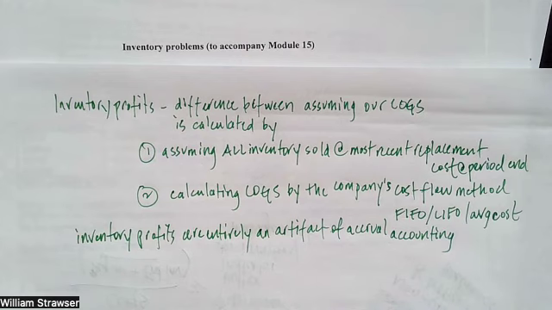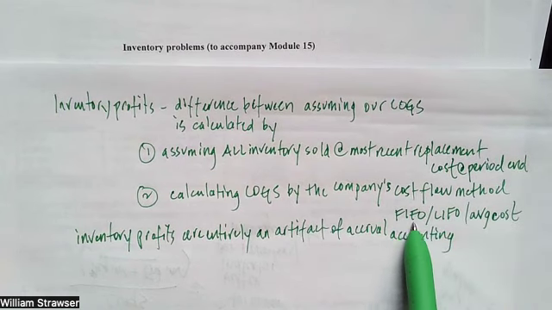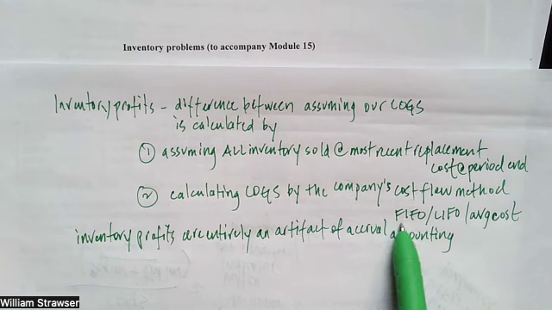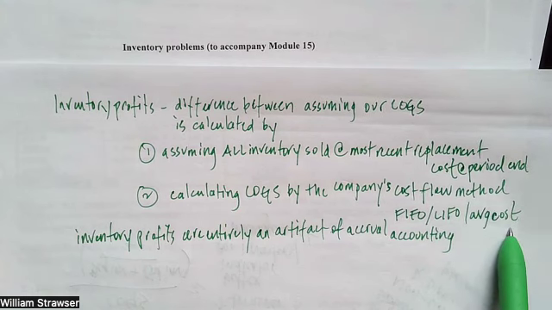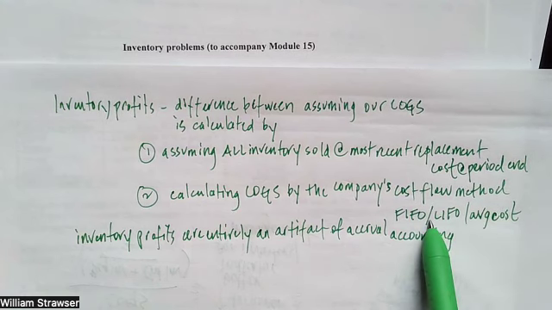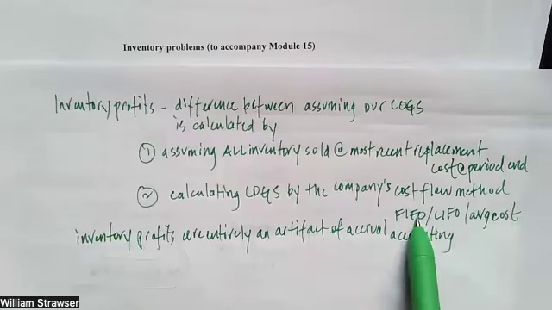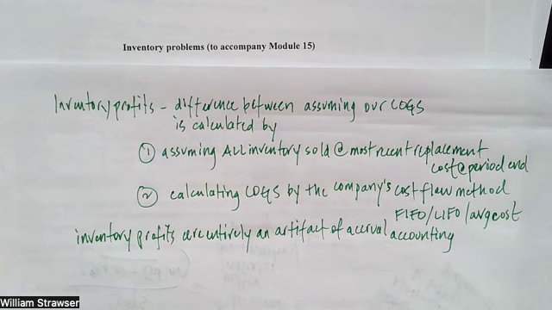The amount of the cost we're recognizing is dependent on accrual accounting because we're either assuming we sold all our oldest inventory first, all of our most recent purchases first, or an average of all of the inventory costs we had, right? So cost of goods sold and inventory are very much influenced by these three items, but that does not change ultimately how much cash we had to pay in order to get the inventory.